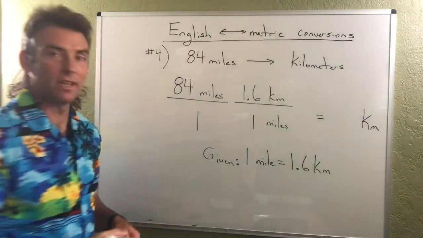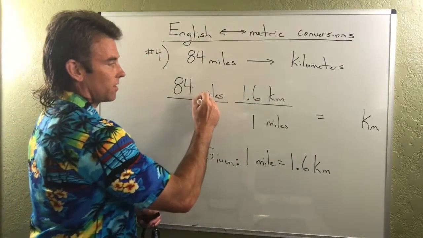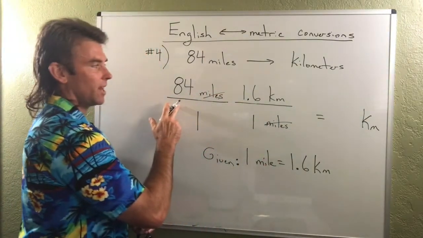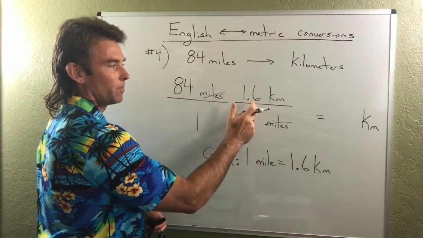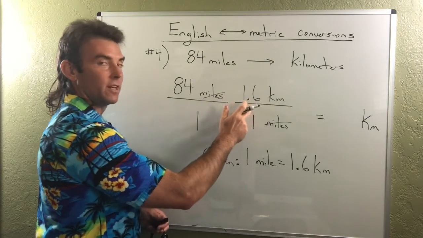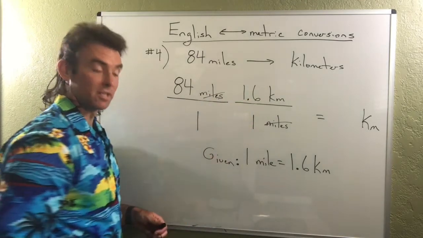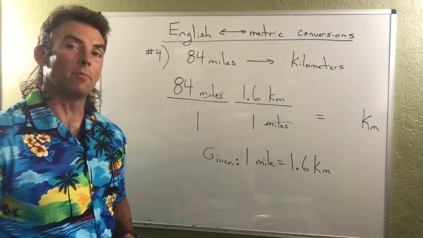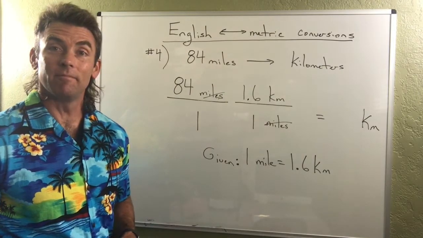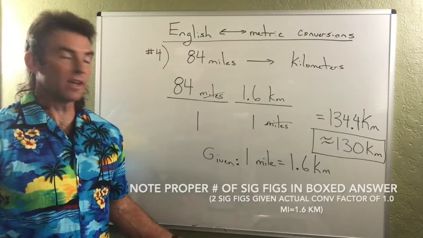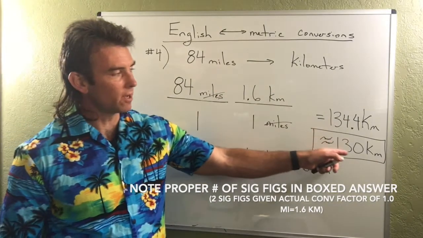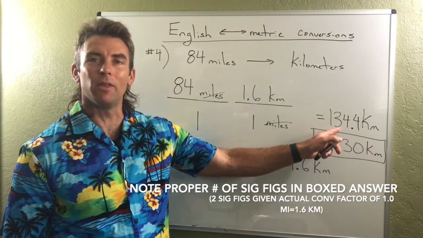It turns out, in this case, that the miles still cancel out, but we're going to end up doing a multiplication here, whereas last time we did a division, right? Let's just do that and make sure that it ends up being the same value as last time. And there's our answer. We've got around 130 kilometers, right? I did round that number.